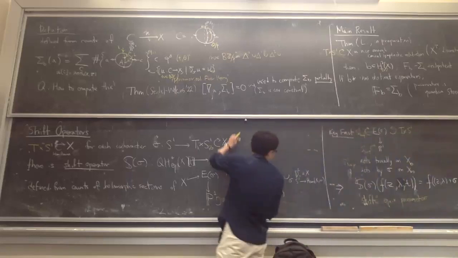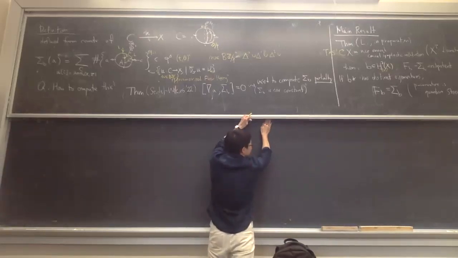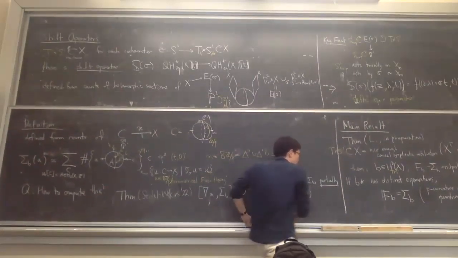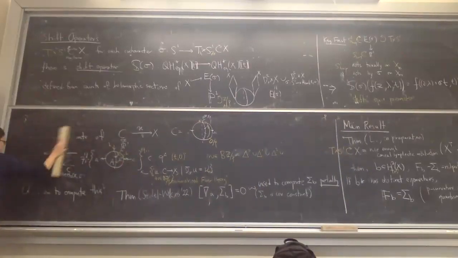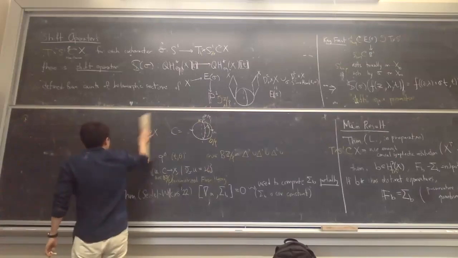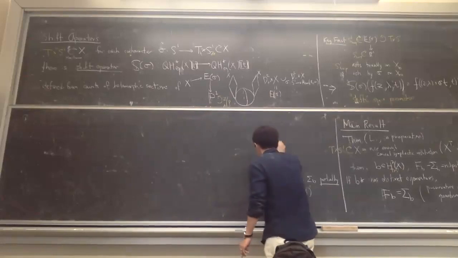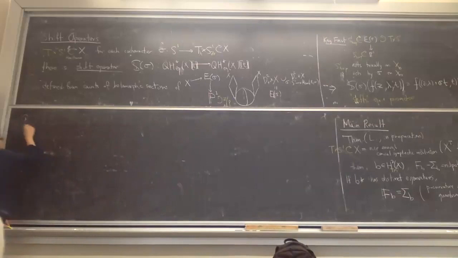And they define what's called a compatible difference connection to the quantum differential equation. So those are extra structures that you have in this story. So the theorem about these shift operators is that they are compatible with the quantum connection again.